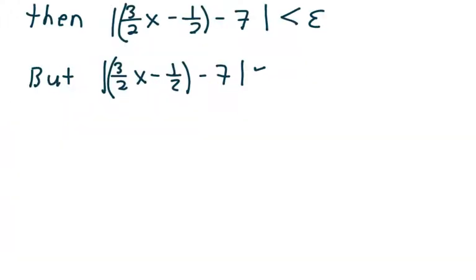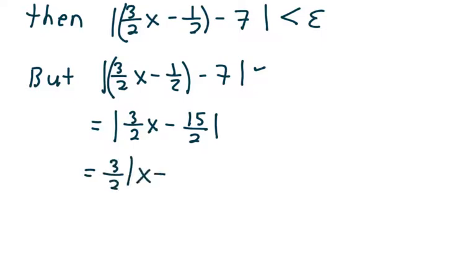Now, this is equal to the absolute value of 3 halves x minus 15 over 2, but this is 3 halves times the absolute value of x minus 5. And so what does that say?